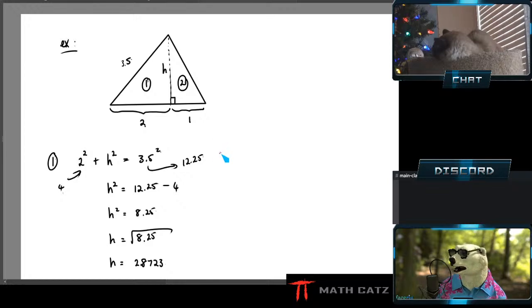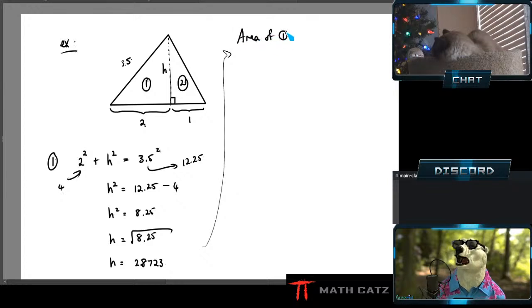Okay, so let's go up here so I can see everything. So now I have enough information for both triangles. I did need it for both. So area of triangle 1 is now 1/2 times the base times the height.